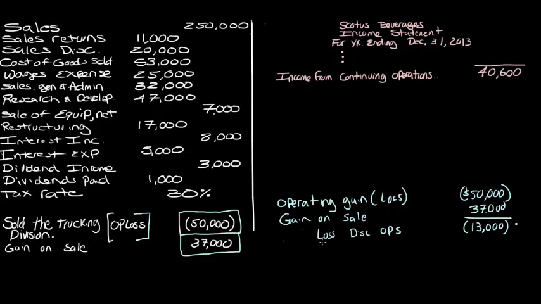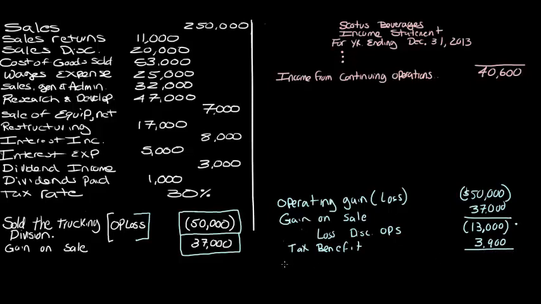So we would take that $13,000, multiply it by our tax rate of 30%, and we have a tax benefit on this loss from discontinued operations of $3,900. Because it's a loss, it's going to give us a tax benefit.